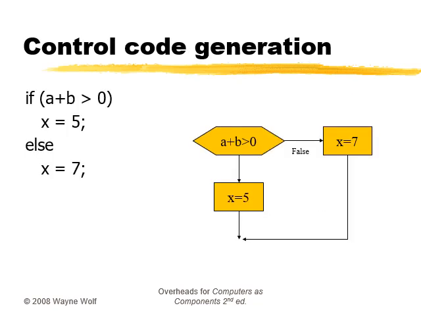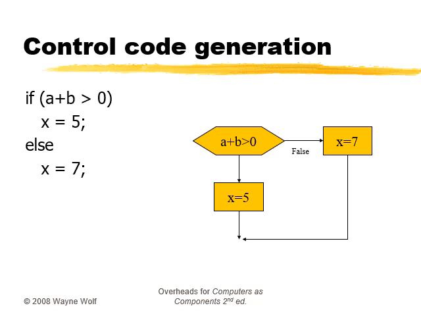Now if we talk about control code generation, here we have decisions to make. For example, if a plus b is greater than 0, what are we going to do? We're going to set x equal to 5, else we are going to set 7. Why are we stating this? Because when we have to translate code from a higher level language to a lower level language, first we need to translate it to a control data flow graph, and then from the control data flow graph we translate it into instructions.